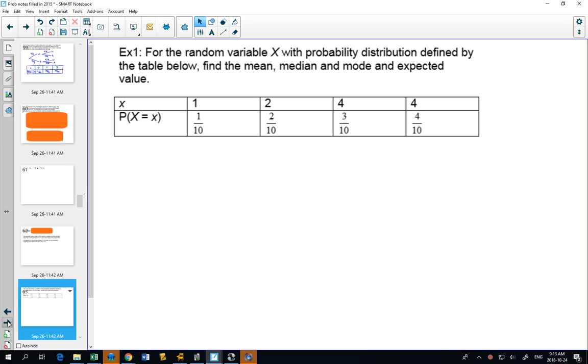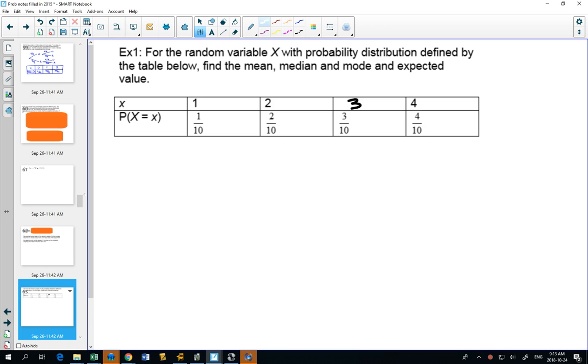If we had this for the random variable, and I'm going to change this just so it feels better, to a 3. What does this mean? Okay?